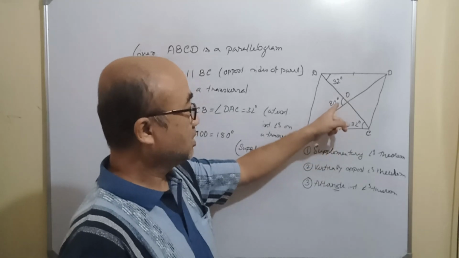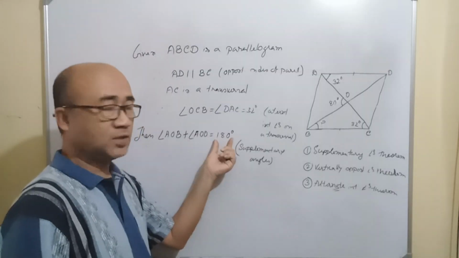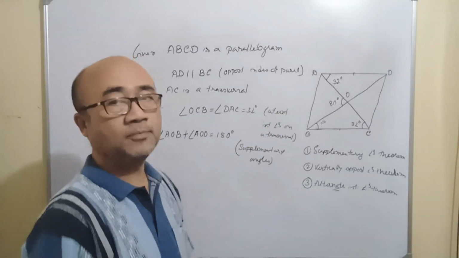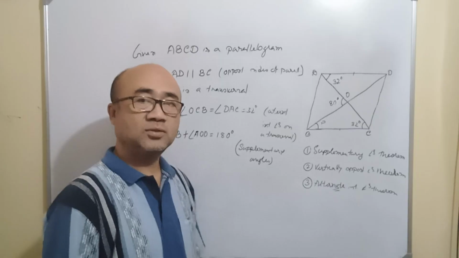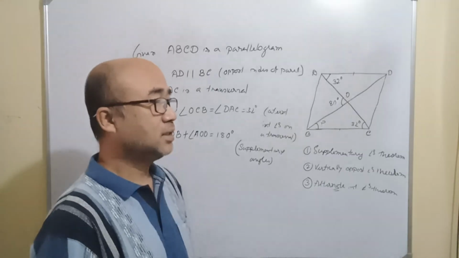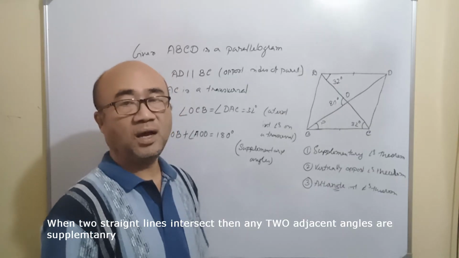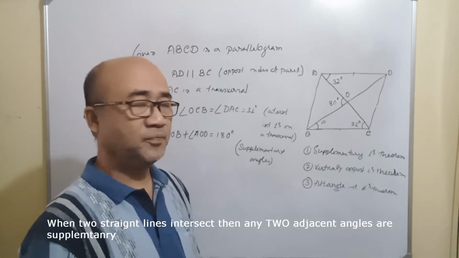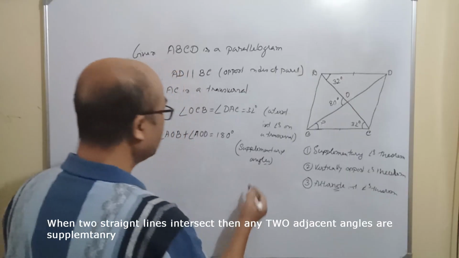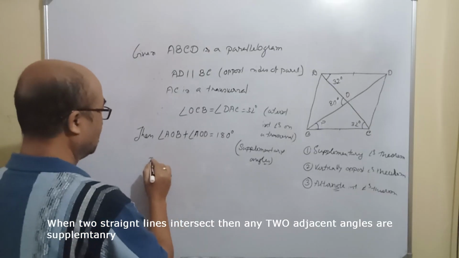Hence, their summation is always equal to 180 degrees because they are supplementary angles. When two straight lines intersect at any point, the adjacent angles produced are always supplementary. That is a theorem. So you have to write this theorem here as the reason.